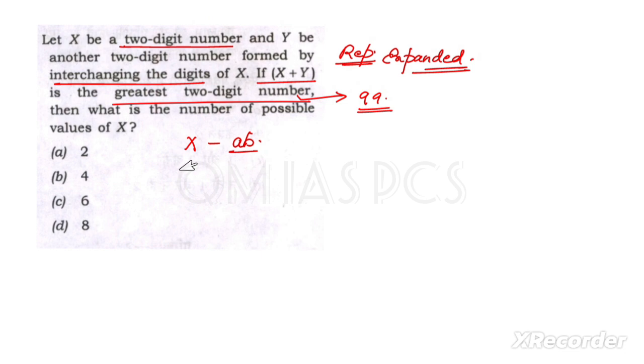So what is the value of y? y will be ba, since it is given that it is formed by interchanging the digits. For representation, ab is 10a plus b, and ba is 10b plus a.